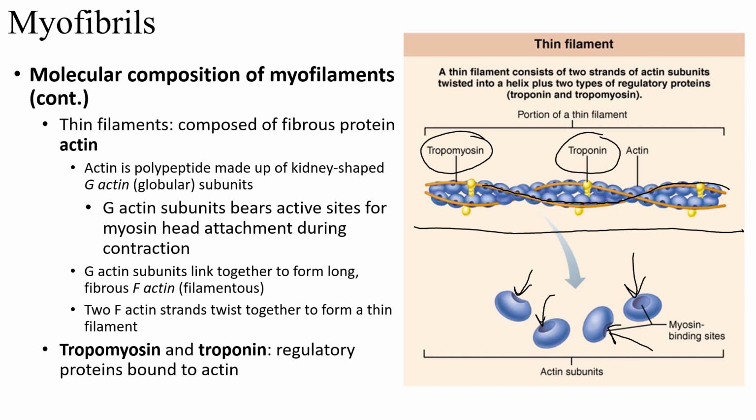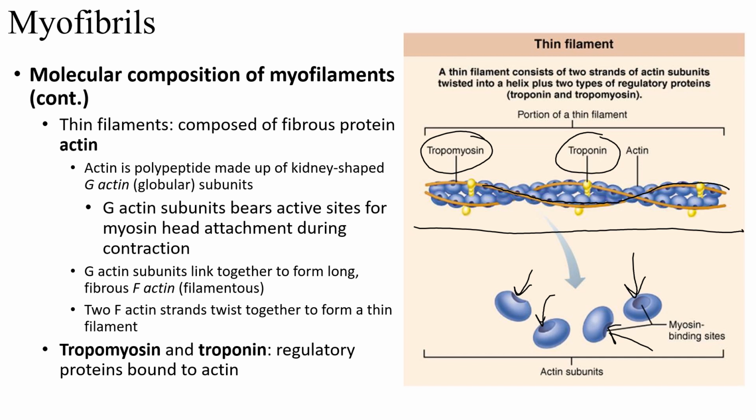Because if there's no tropomyosin, then the myosin heads are going to be able to attach to these spots. Troponin is going to be a regulatory agent that is going to be able to move the tropomyosin off of those binding sites. So when we talk about the actual contraction of a muscle, troponin and tropomyosin are going to be really important.